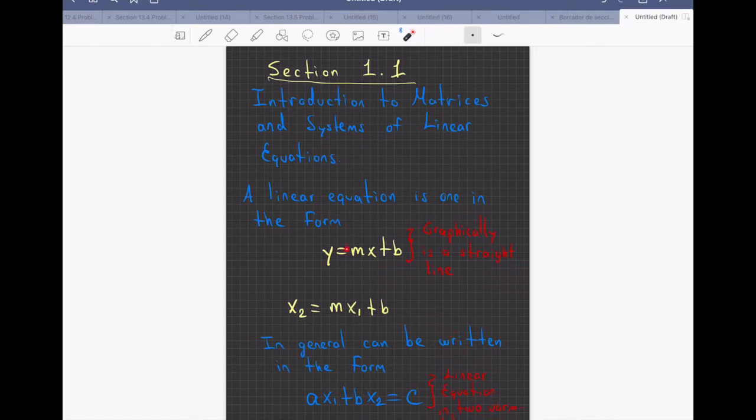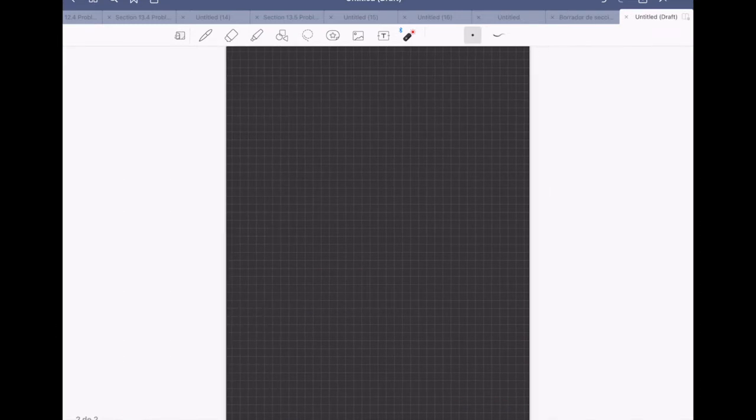Of course, it's equivalent to this one. For example, if I have y equal to 2x plus 3, notice that this can be written as y minus 2x equal to 3, or what is the same, negative 2x plus y equal to 3.